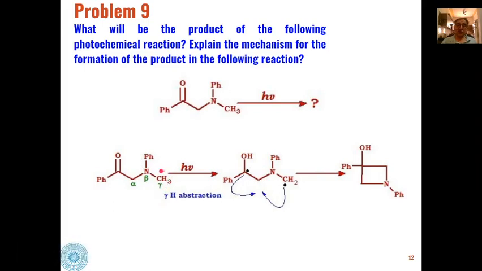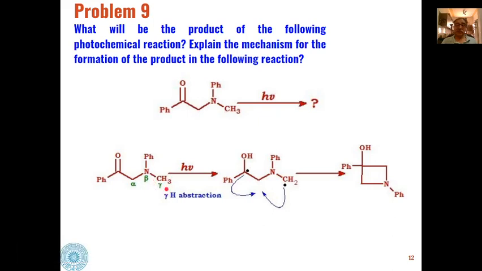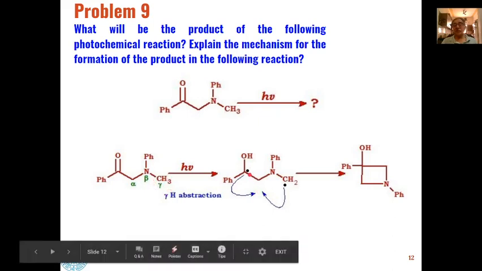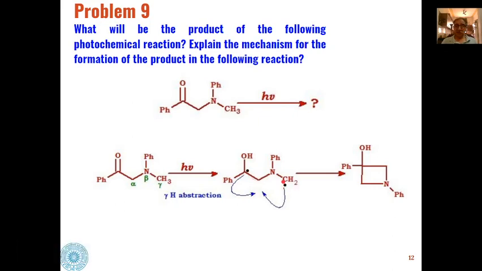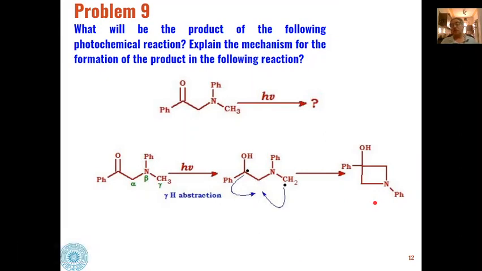So that means gamma hydrogen abstraction will take place in the excited state, and we will get this type of biradical, and then this carbon will join with this carbon, and this type of four-membered ring containing nitrogen will be formed. So this is how we can synthesize four-membered cyclic rings containing nitrogen.